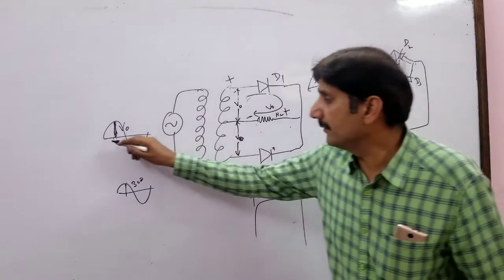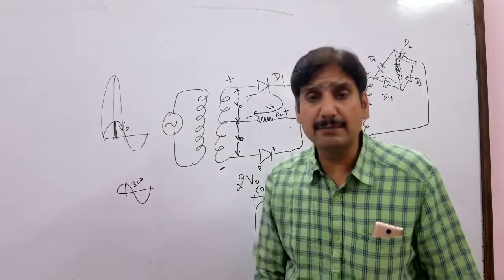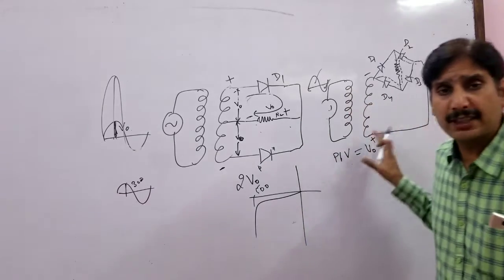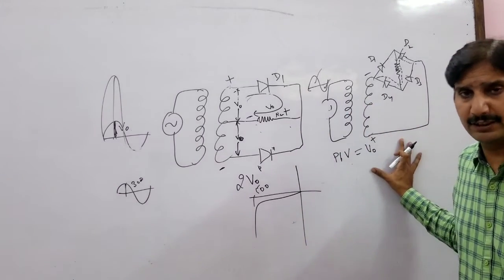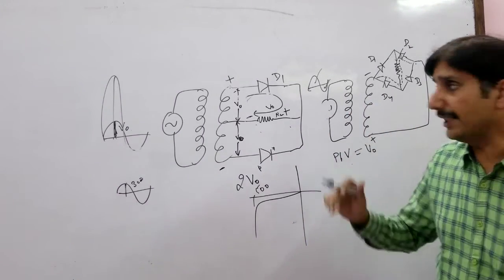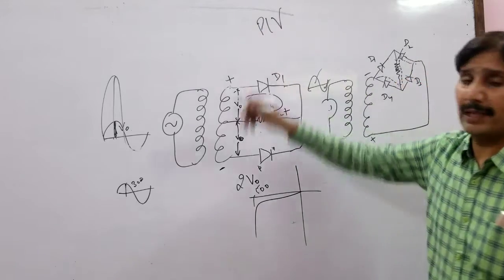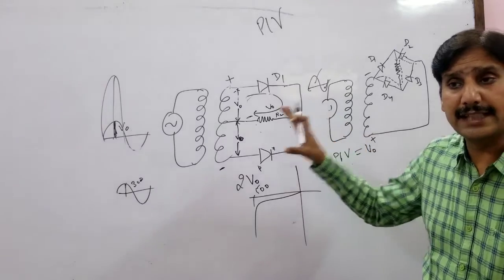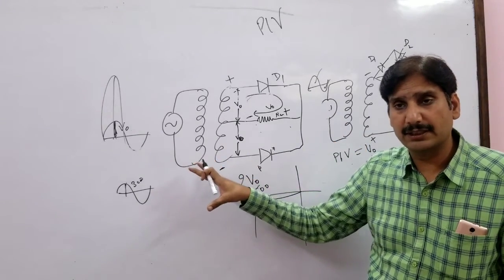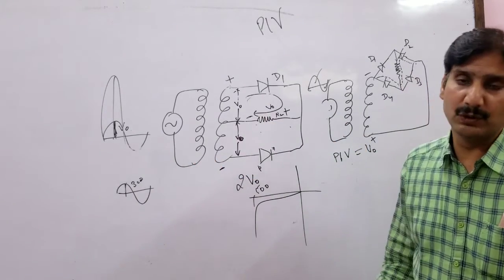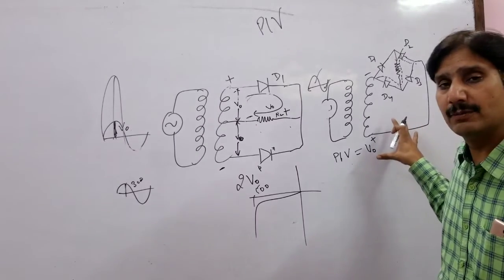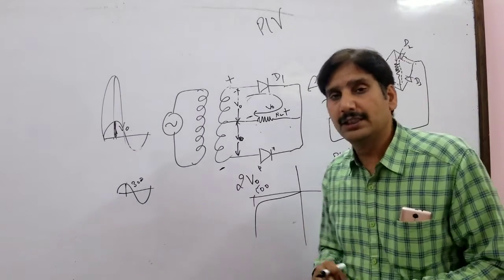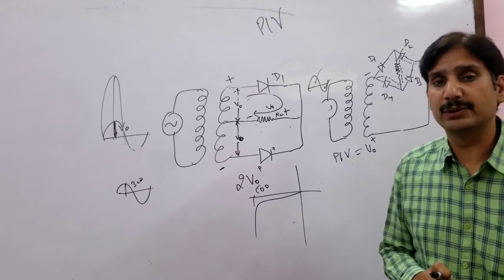That's why when we say that in case of high amplitude AC input signals, bridge rectifiers need to be preferred. Because PIV is a very important parameter. PIV for the full wave rectifier using center tap type transformer is twice the peak voltage, whereas for the bridge rectifier it is equal to the peak voltage of the input AC signal.